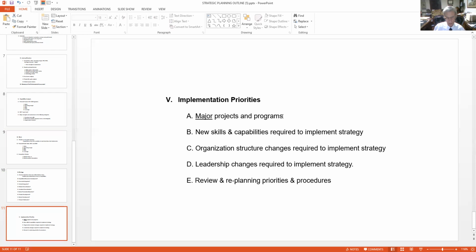And every one of these companies, there are some major projects and programs, not the little ones, even though when you look back at your strengths and weaknesses lists, you'll see some weaknesses that you could craft a program for. And probably the company has made that program. But for purposes of this presentation, we want to just talk about the 2 or 3 or 4 at the maximum projects that are really important.